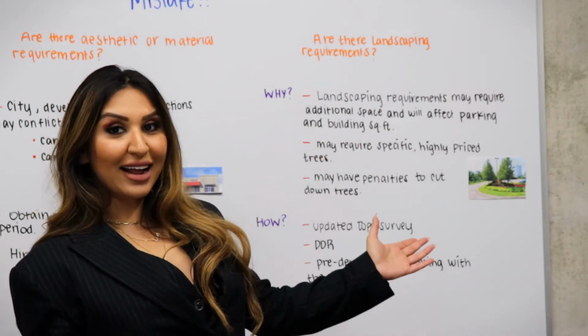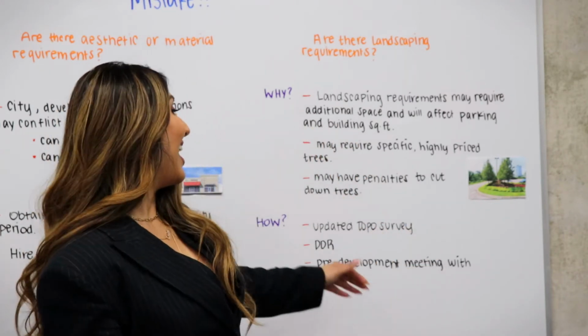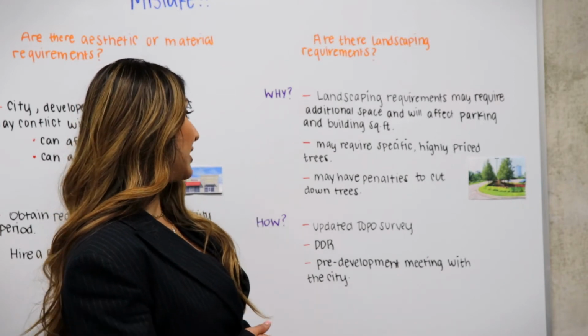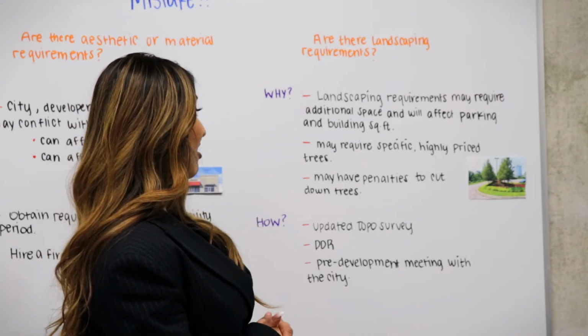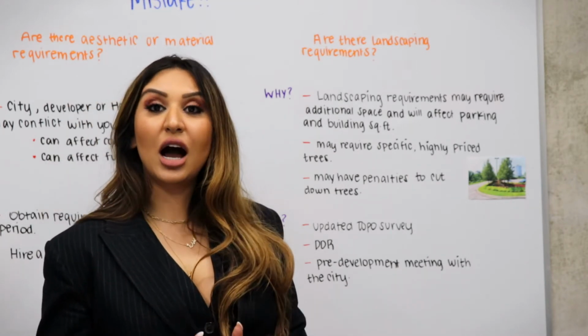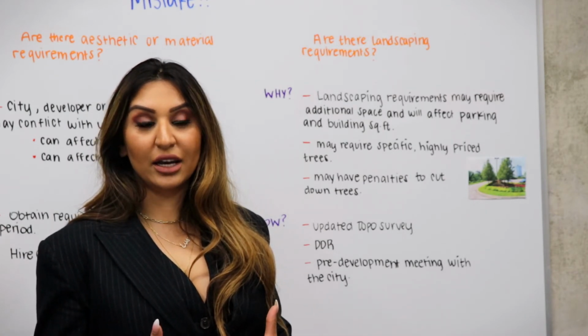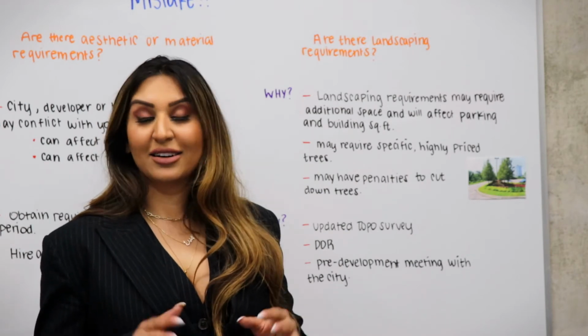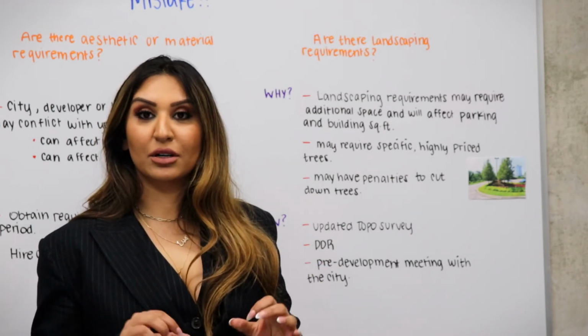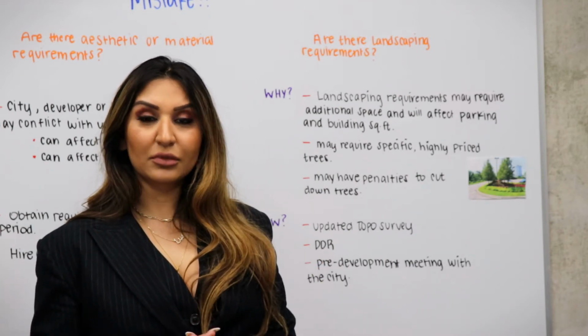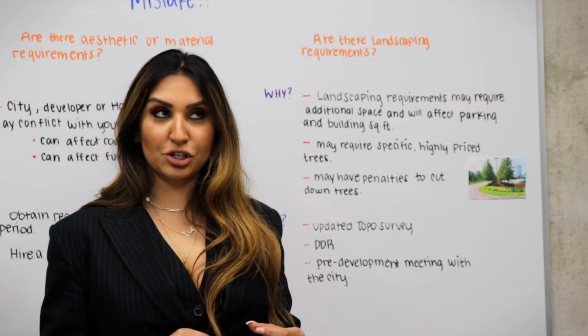So you may not have the best ROI. And last point is, you may have penalties to cut on a tree that is actually not supposed to be cut. Great point.